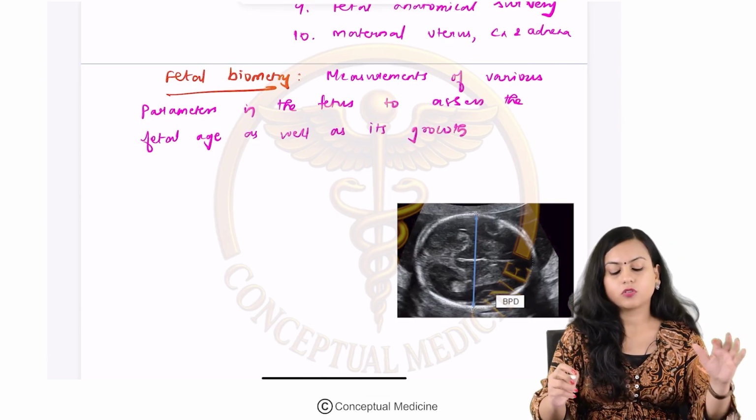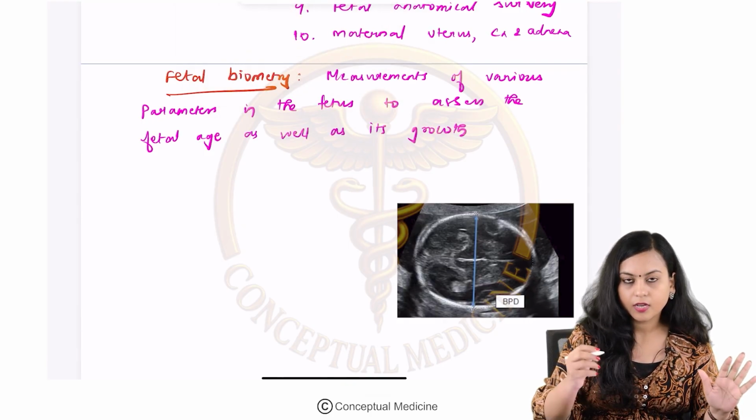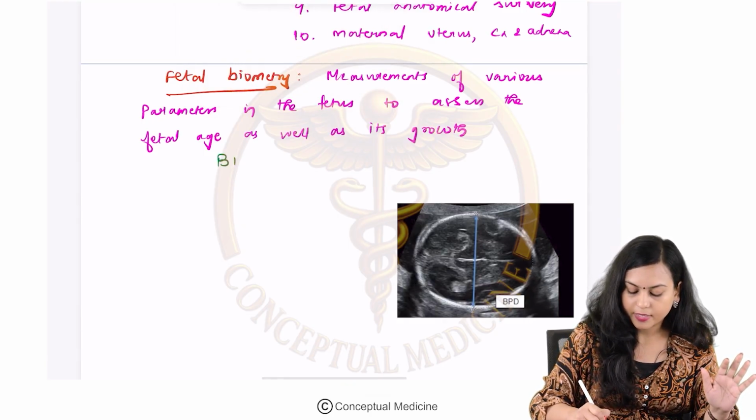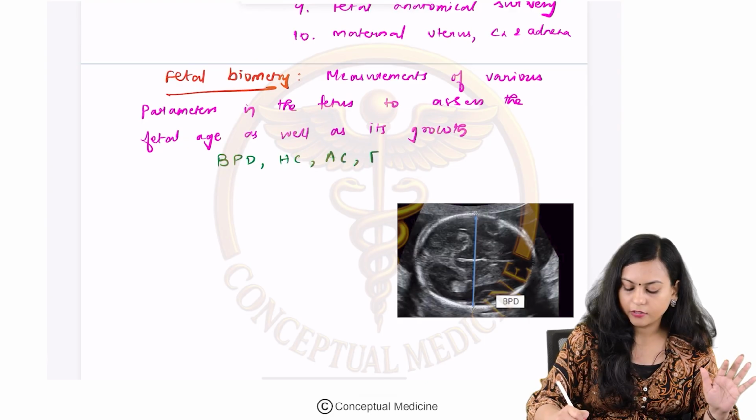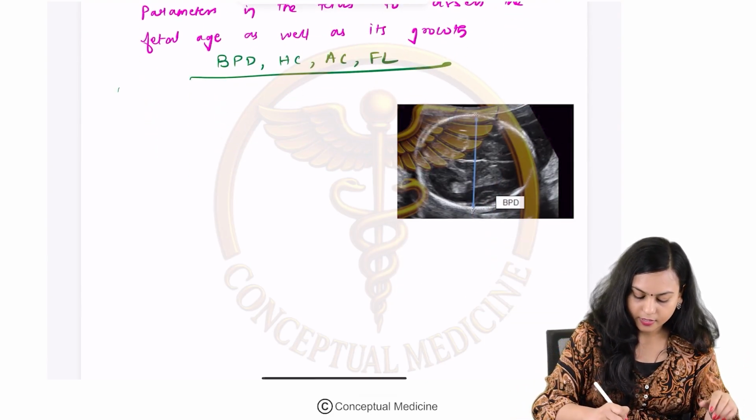So we'll be discussing 4 important parameters here: the biparietal diameter, the head circumference, the abdominal circumference, and the femur length. Now we'll see about the biparietal diameter.